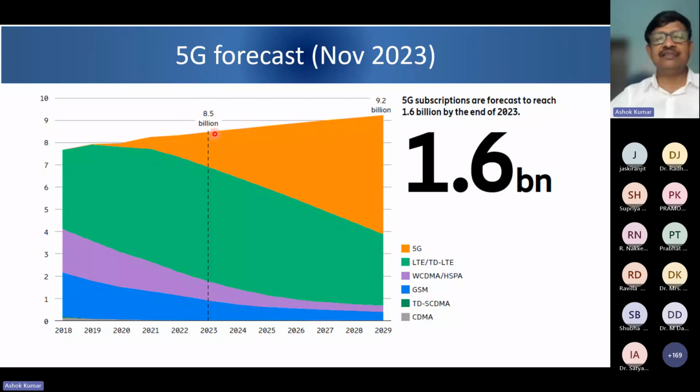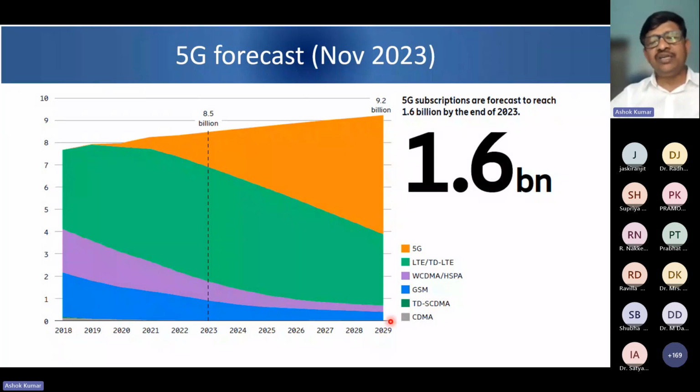And out of that, only about 1.6 billion was 5G, and a very, very big chunk, about 5 billion, was 4G, and the rest is a small 1 billion 3G and about 1 billion 2G connections still existing. But if you look at 2029, this is a forecast, I mean, they try to forecast.